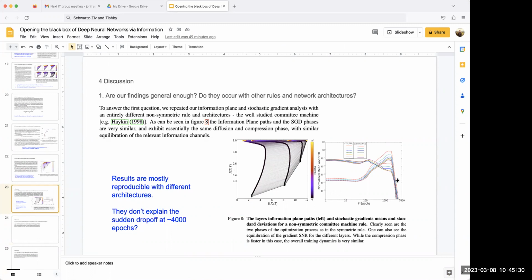But at the end of the training, the magnitude of the standard deviations and the means drop off, and they don't really explain this. I don't know if anyone else saw an explanation of this, but they kind of left that out. They just threw this last result in at the end and didn't really go over it very well, so I didn't really even want to talk about it.